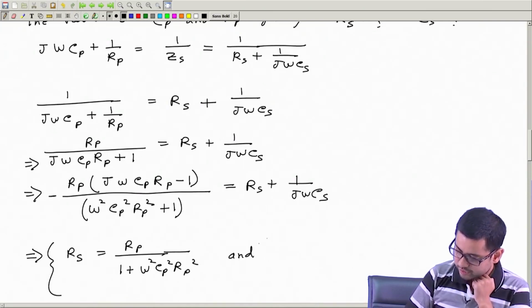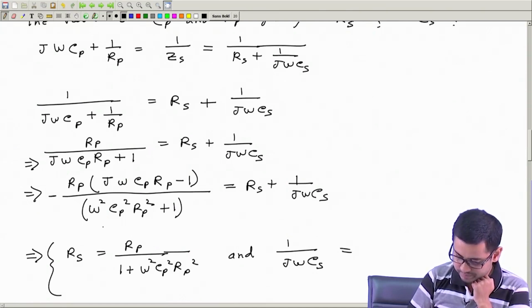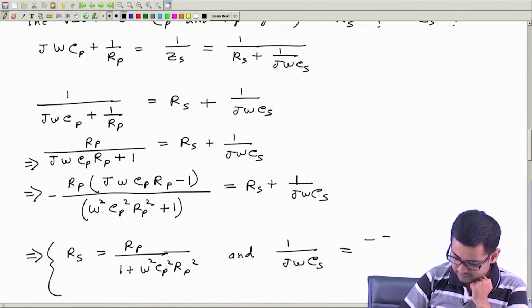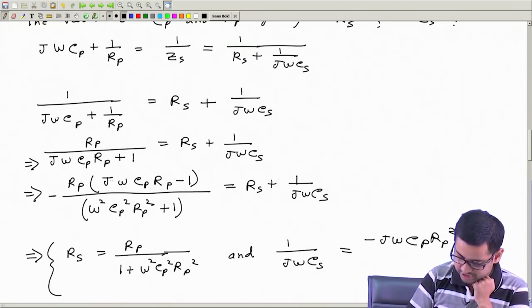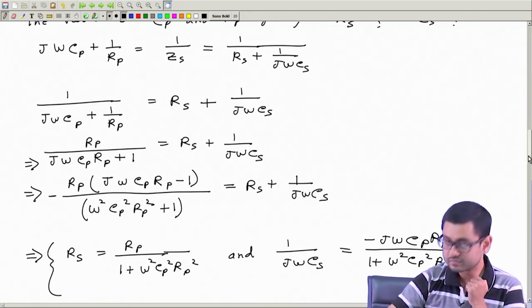And from the imaginary part we can write 1 by j omega Cs will be equal to minus j omega Cp Rp square whole divided by 1 plus omega square Cp square Rp square.